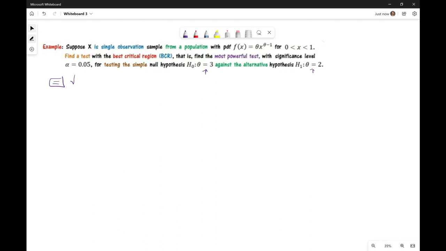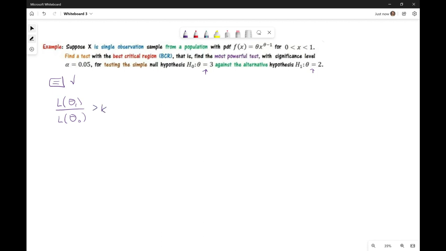This means that we can apply the Neyman-Pearson lemma to find the most powerful test by using our likelihood ratio of theta 1 over theta 0 greater than k.